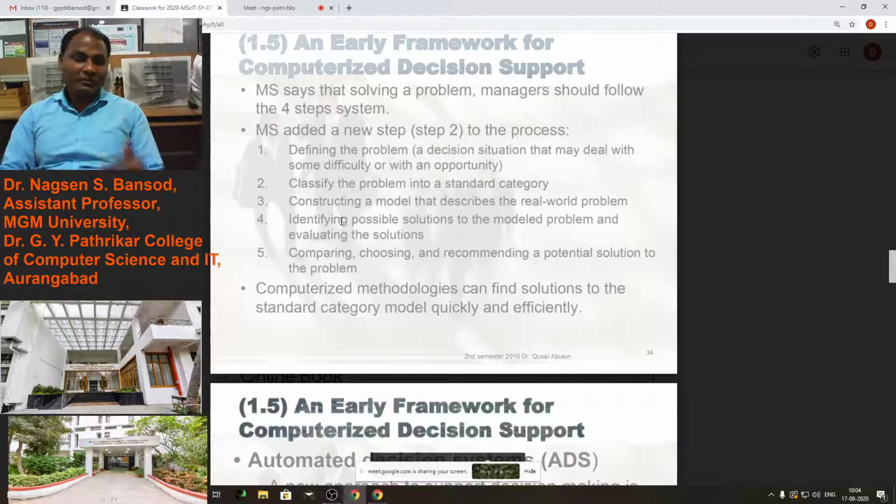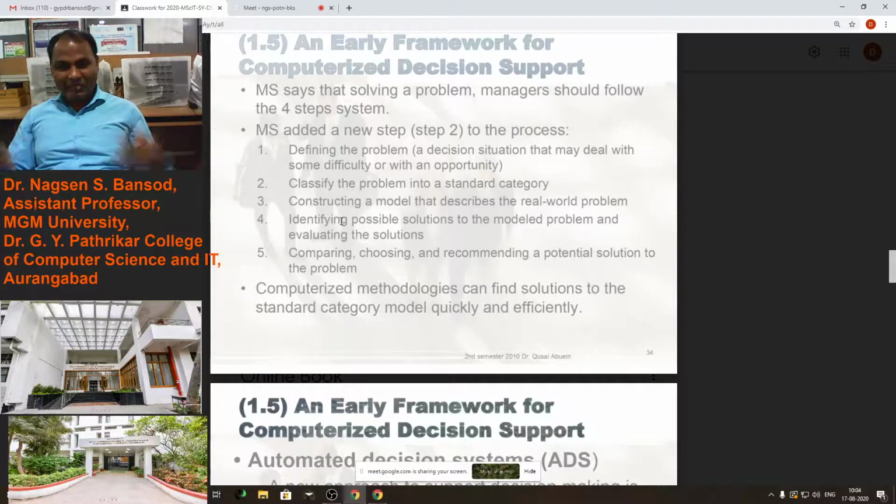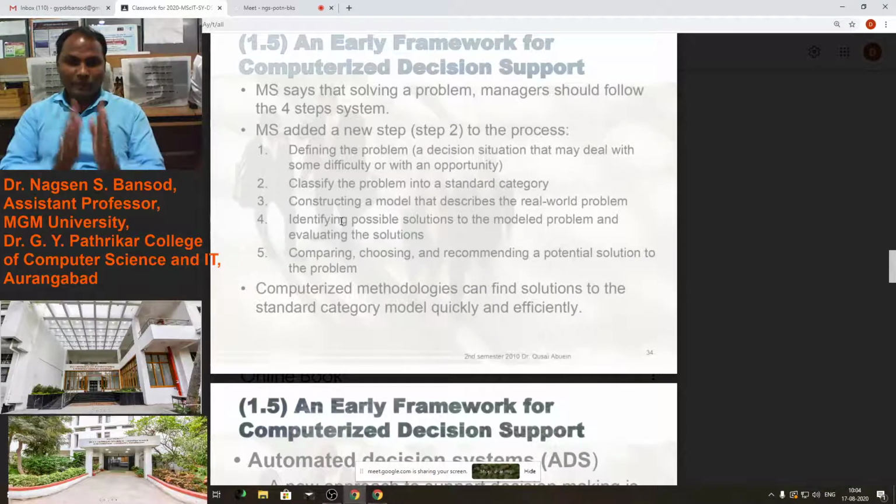If you join as a manager in any company, you have to keep these steps in your mind, so that you will get a very good job and become a successful manager in any industry, any company. Okay, so step 1 is defining the problem: a decision situation that may deal with some difficulty or with an opportunity.